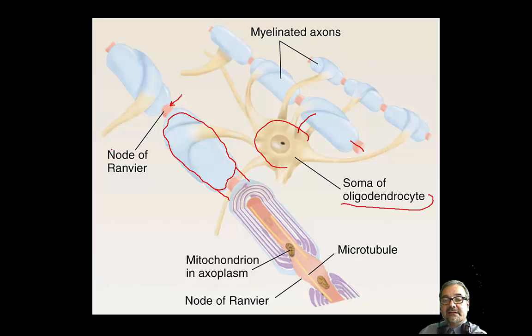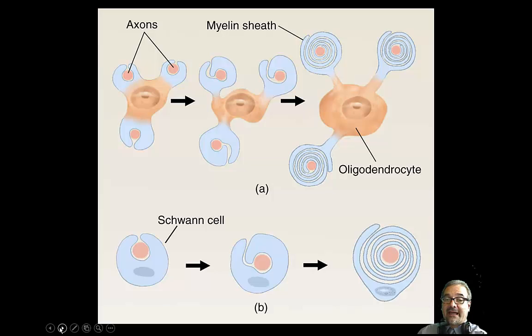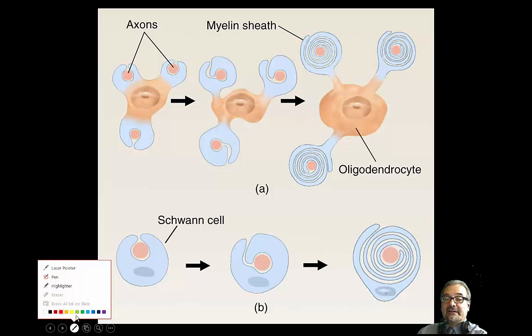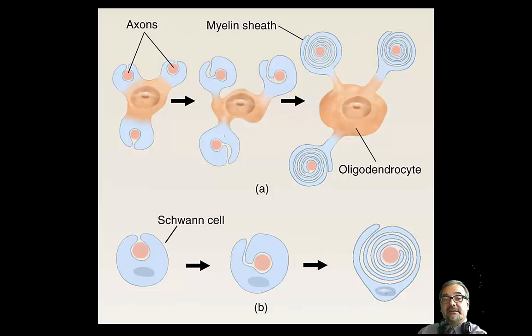Now, the oligodendrocyte is located inside the brain and the spinal cord. In the peripheral nervous system, on the other hand, you find another type of cell that acts like an oligodendrocyte. This cell is called the Schwann cell.